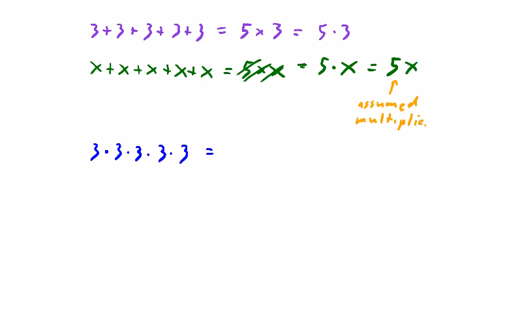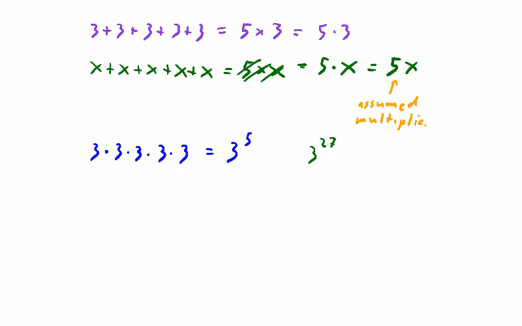You can see that writing 3 out 5 times gets to be a little tedious, and you also have to count the number of 3's that are there. Whereas if I write 3 to the 5th power, it means exactly the same thing, and it's much faster to write, and you don't have to sit there and count the number of 3's, especially if I were to do something more extreme like 3 to the 27th power. If I were to write that out 27 times, it would be very difficult to count.